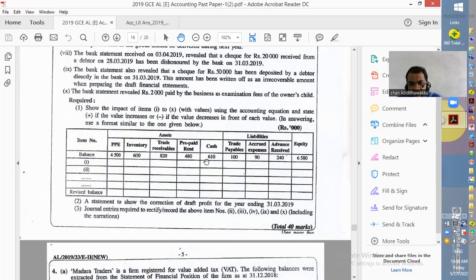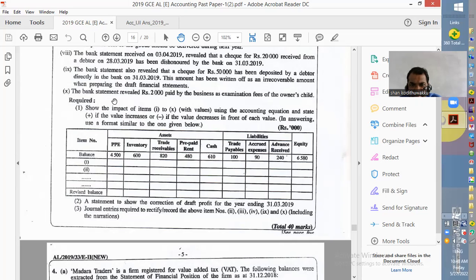And as you have to consider it as income, there will be a plus effect under equity. Then under equity plus 50,000. It is easy. When you write off a debtor's value as bad debt, it's a loss or expense, therefore minus effect to equity and minus effect to trade receivable. When they pay back to the business, you can consider this as income. Then plus effect under equity and plus effect to cash.